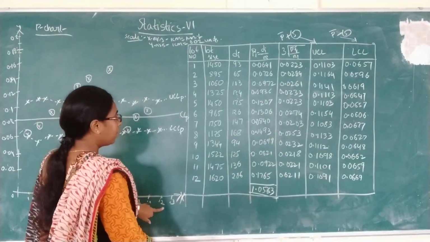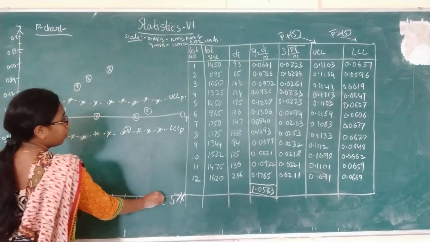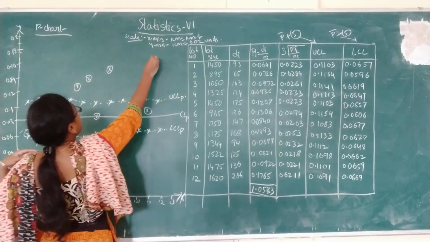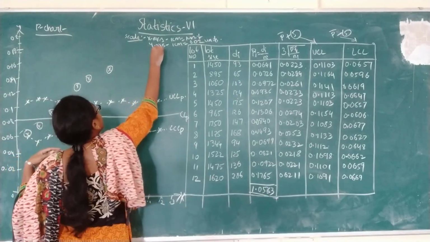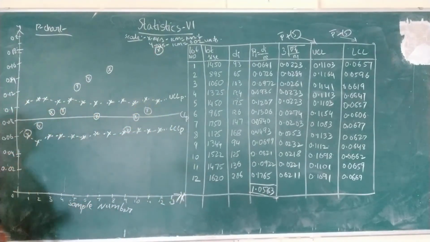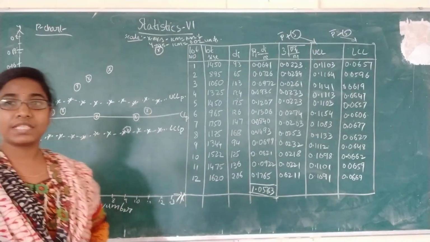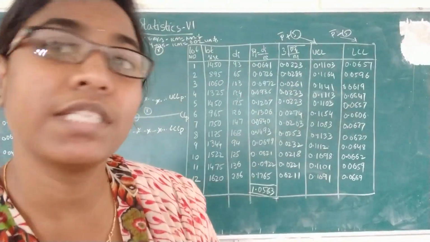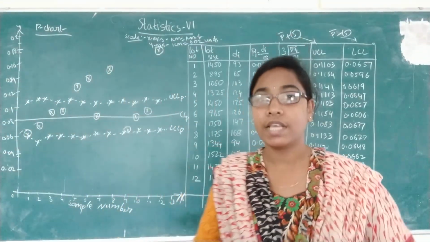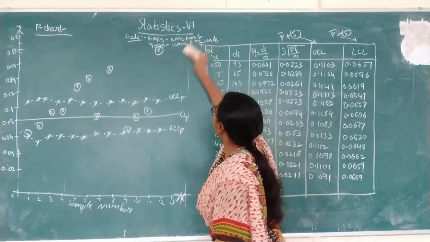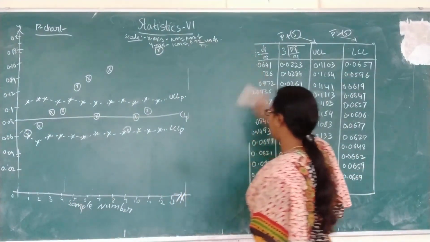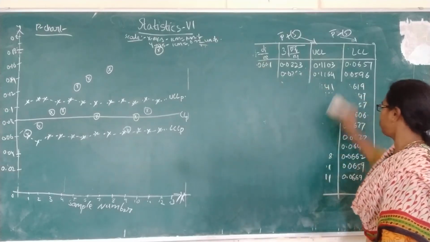Last, twelfth value is 0.17. So here, if you observe, we are getting many points above the UCL. Below LCL, you have no points. There are no low spots in the given problem, but there are high spots in the given problem.